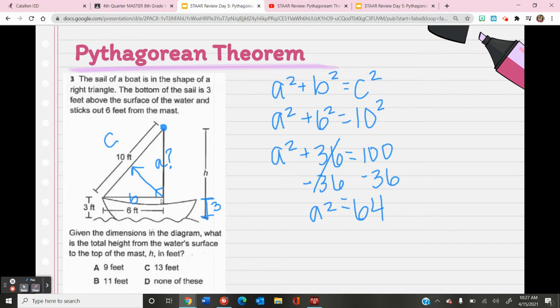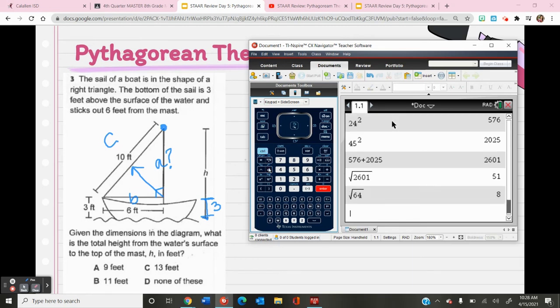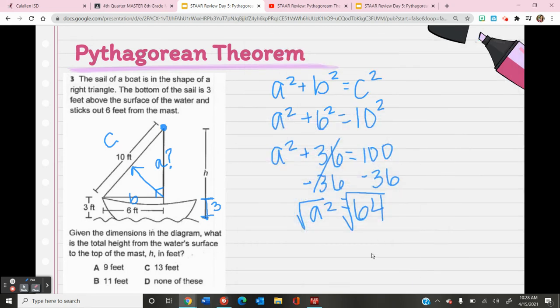So right now the value of a is being squared to where it equals 64. So taking the square root of 64 on both sides, I'm going to put this in my calculator. So the square root of 64 equals 8. So here a equals 8.